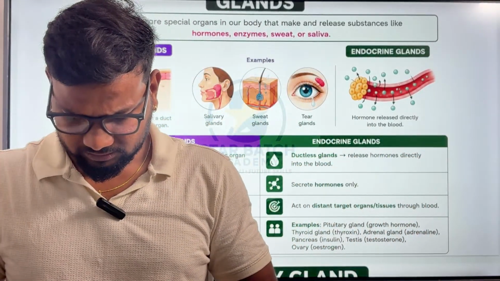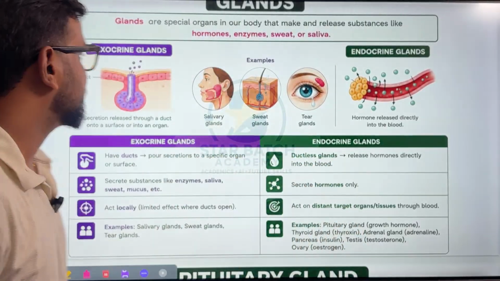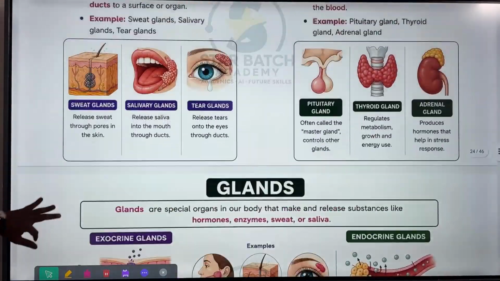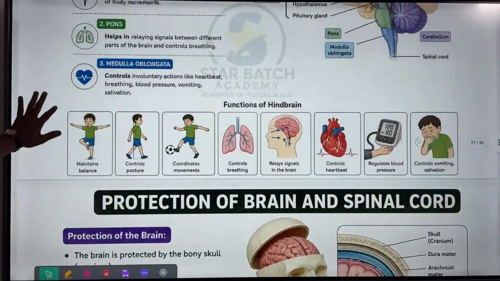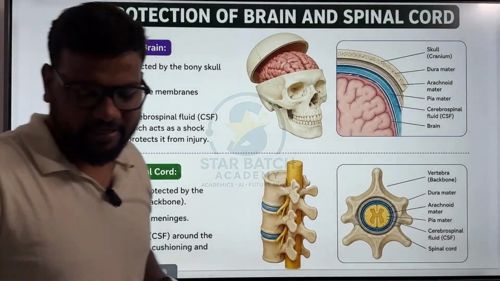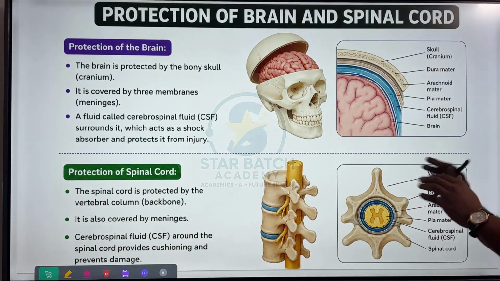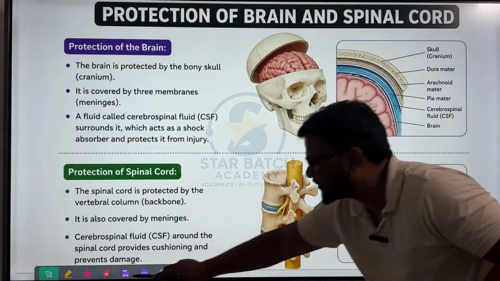Yes, what are the 3 meninges? So if you want to see the three meninges, okay, here we have these three meninges. So the doubt has been asked in the comment that what are those three meninges? So as you can see the three meninges here.